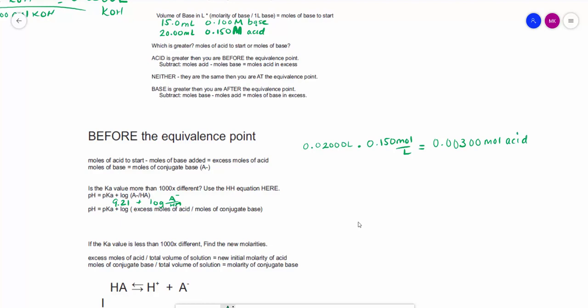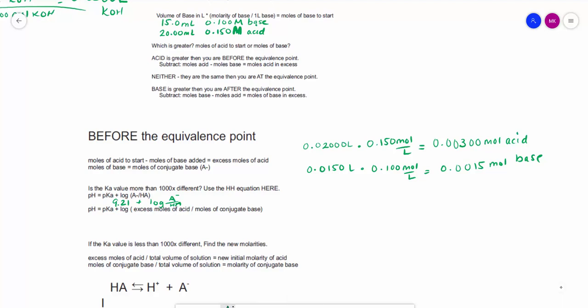Then I need to find how much base I have. I'm going to start with my volume of base times its molarity, and I have 0.0015 moles of base.